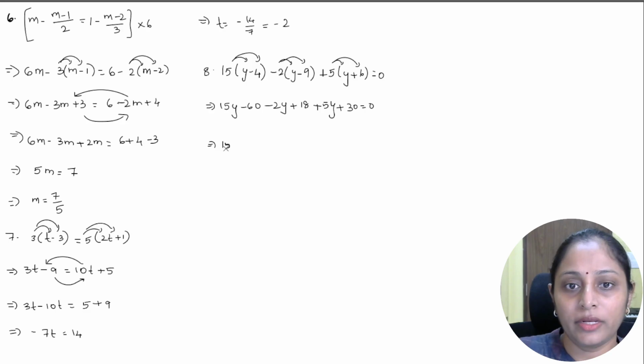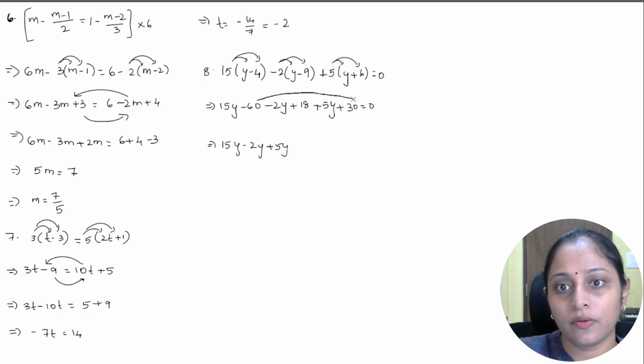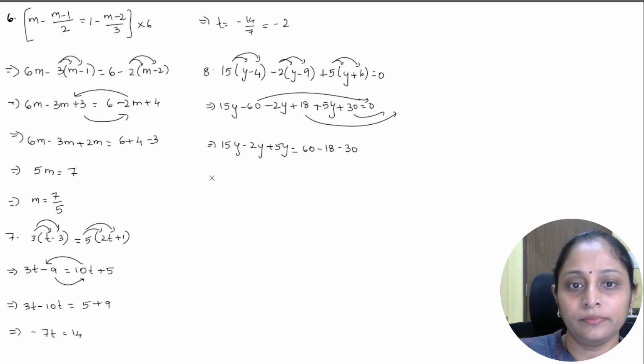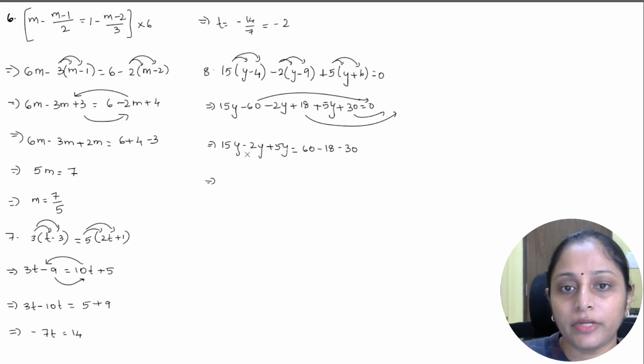Now all variables are already on my LHS. I'm going to take the constants to RHS. Alright, 18, 30 and 60, right, is equal to 60 minus 18 minus 30. Okay, now this is 15 minus 2 is 13, 13 plus 5 is 18.